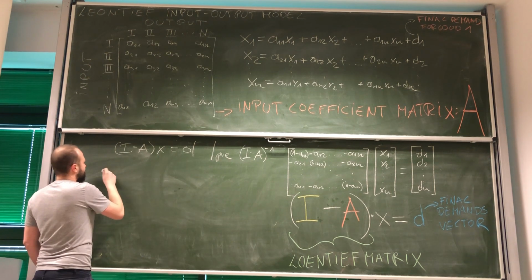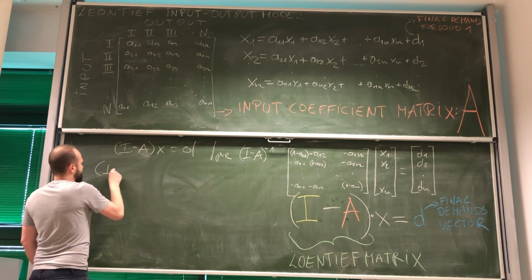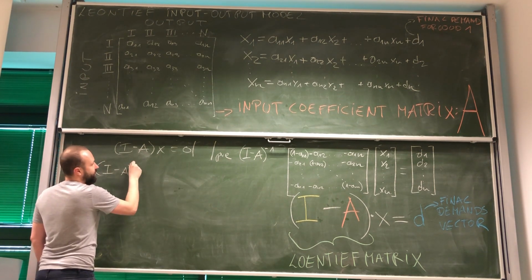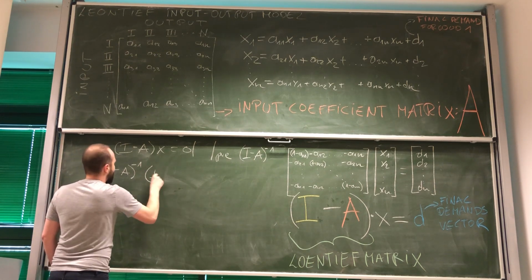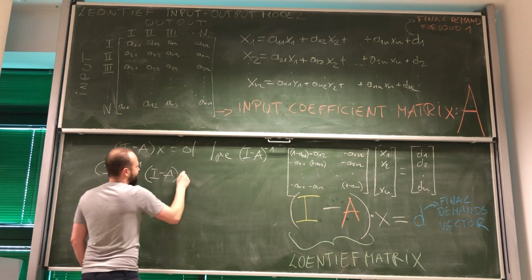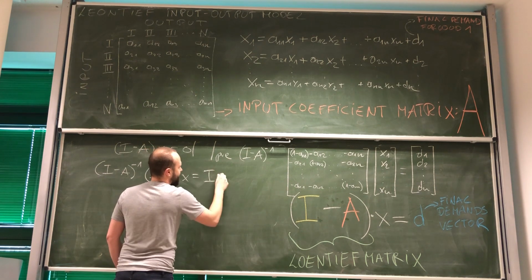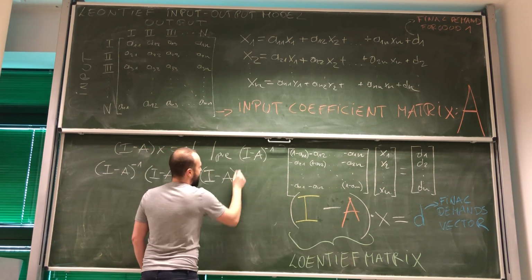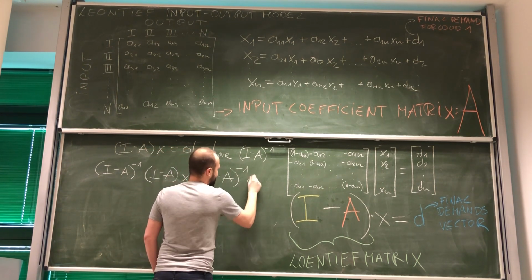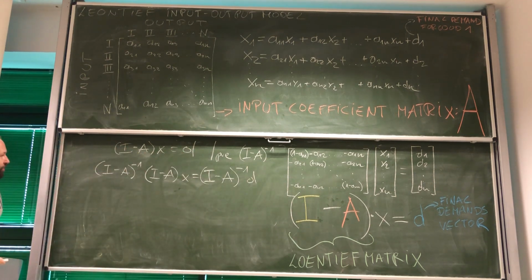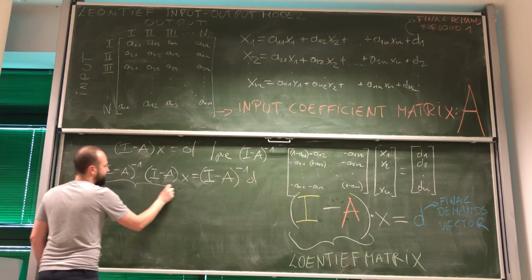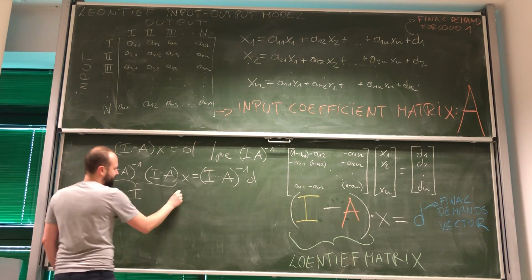So I get (I minus A) to the power negative 1 times (I minus A) times X equals (I minus A) to the power negative 1 times D. Those two, of course, turn into the identity matrix.